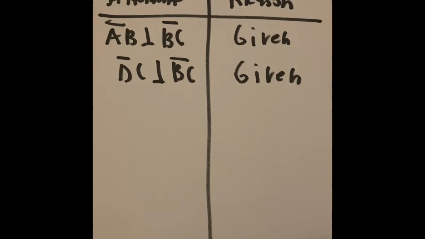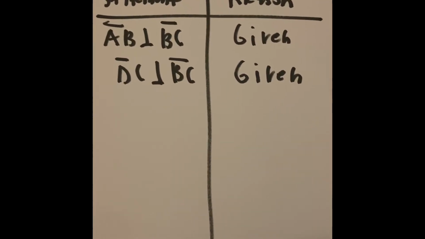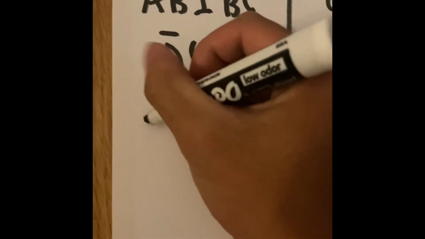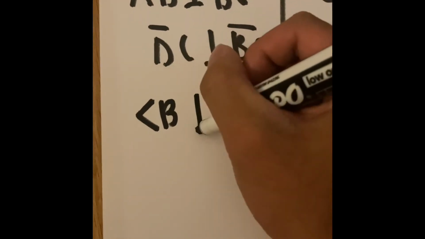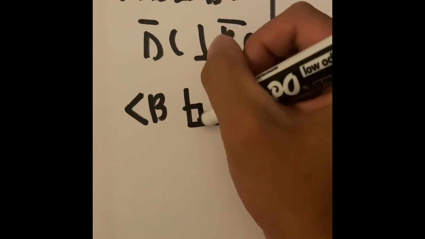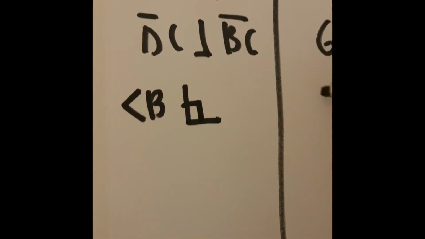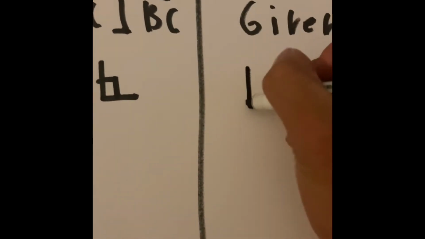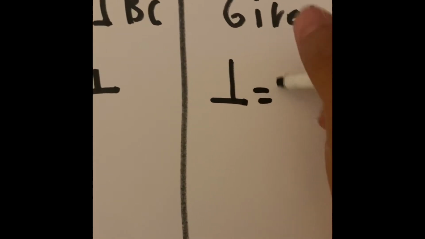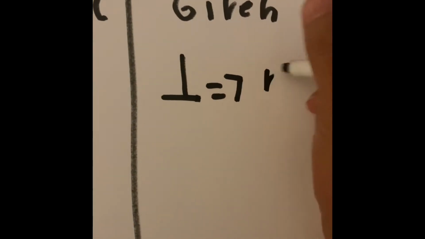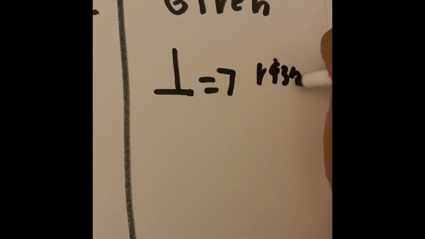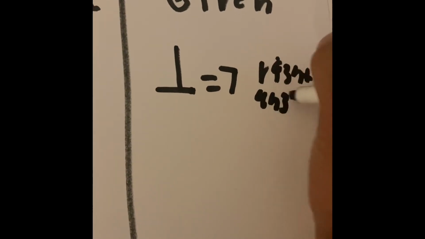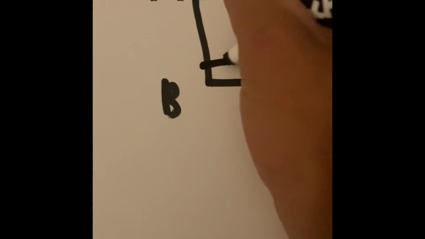Another thing we can understand is that angle B is a right angle, because perpendicular lines can bring you to a right angle. That's saying that angle B is a right angle.